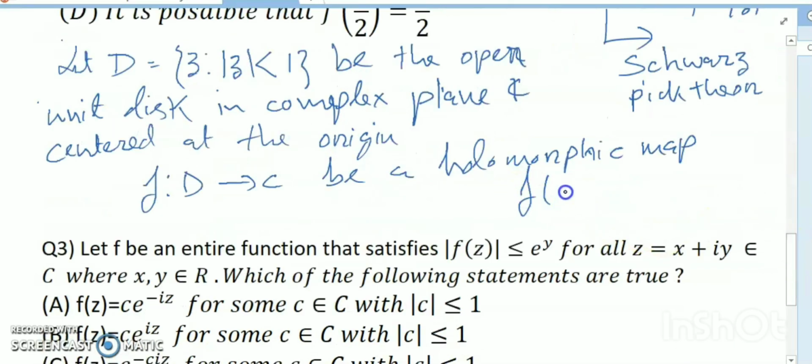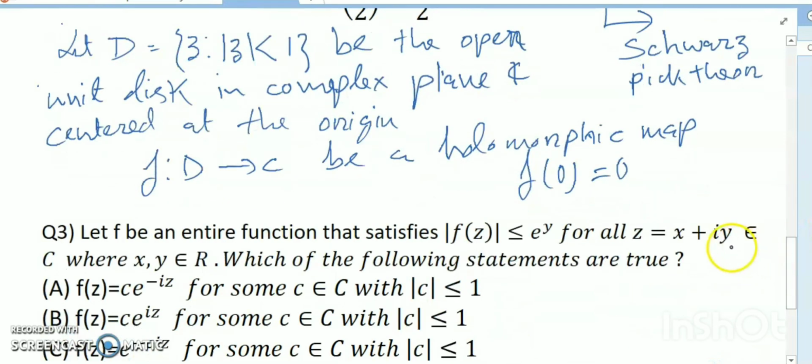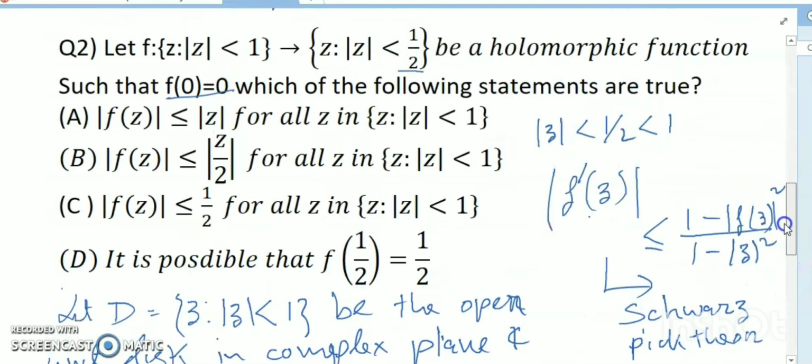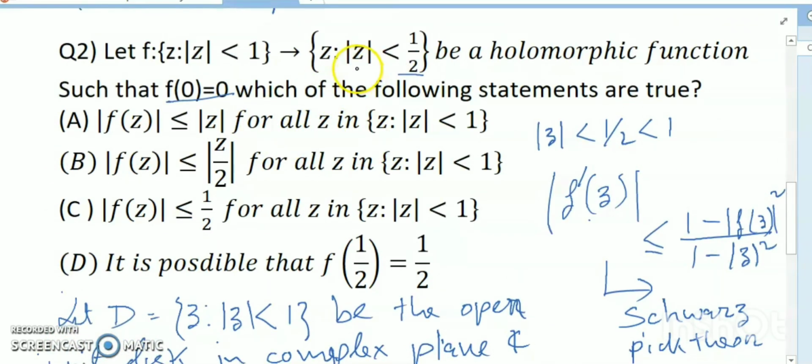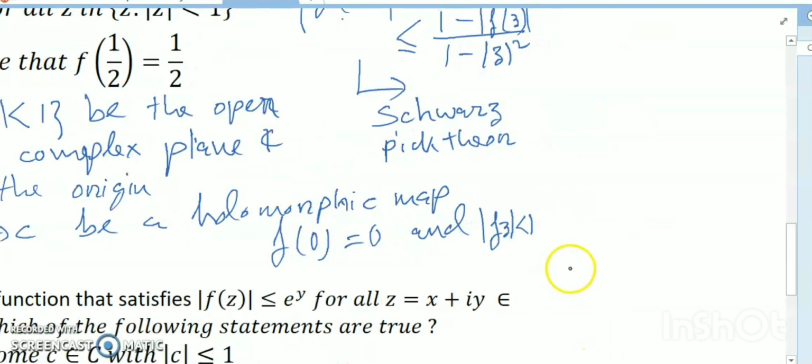This condition f0 equals 0 also holds in here, and mod of f z is less than 1. You see the domain is the same: mod of z is less than 1, and the range limit is mod of f z. So this is correct.